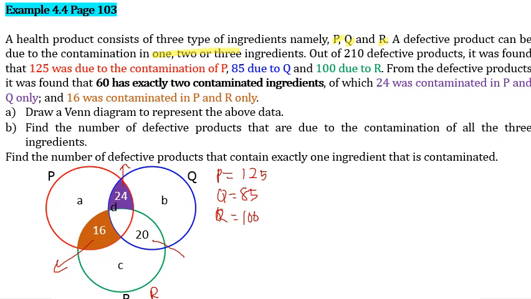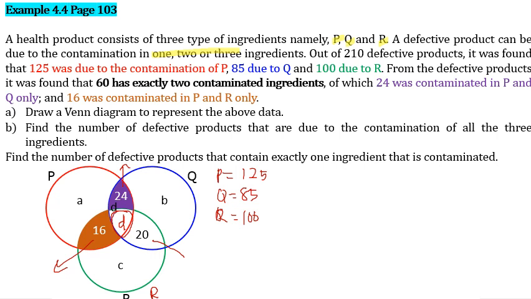For part B, find the number of defective products that are due to contamination of all the 3 ingredients. So we have to find the D here.